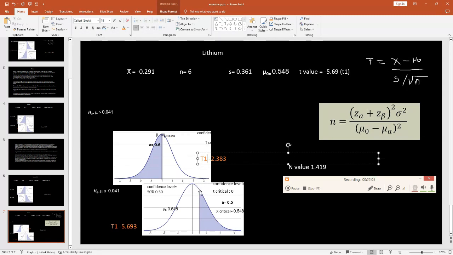So does that mean that our beta will be very minimal, like barely existent, or what does it imply? Yeah, that's exactly what it means. It means that beta is the error, the chance that you will not be able to say that lithium is.